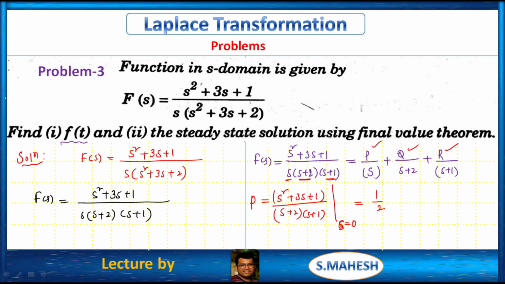Q by s plus 2. Now we have to get the value of q, that is s square plus 3s plus 1 by s into s plus 1 only. There is no term of s plus 2.